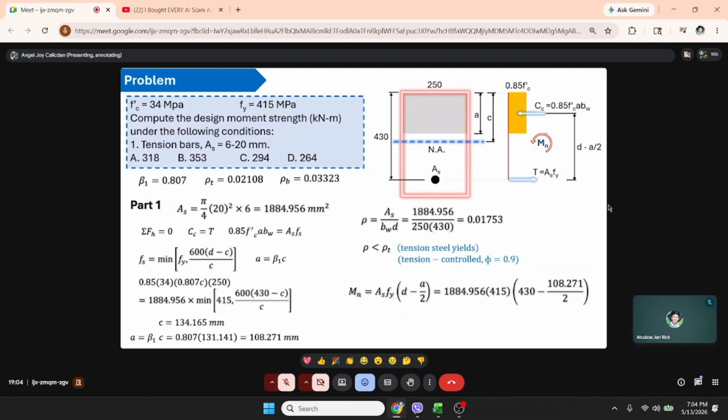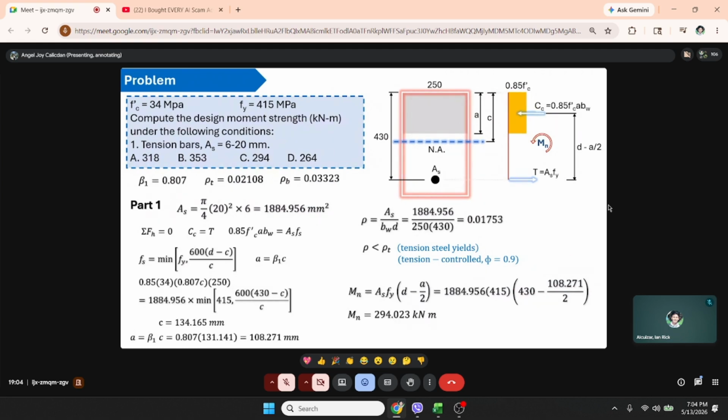So, to get Mn, moment ka sa CC. So, AsFy times d minus a over 2. So, As is 1,884.956 times Fy na 415 times 430 minus a na 108.271 all over 2.